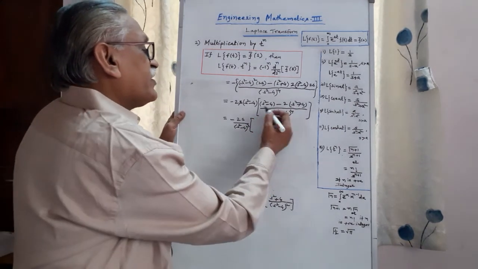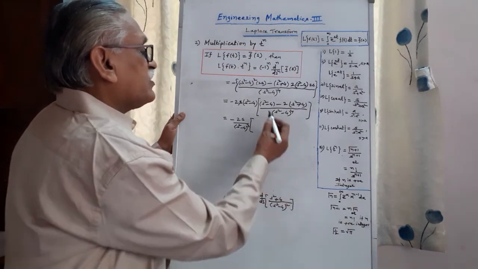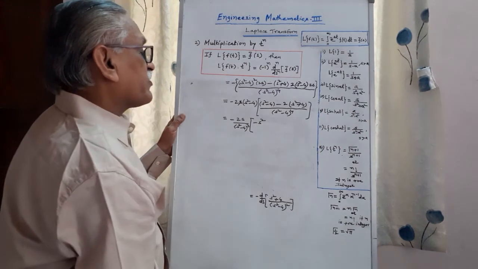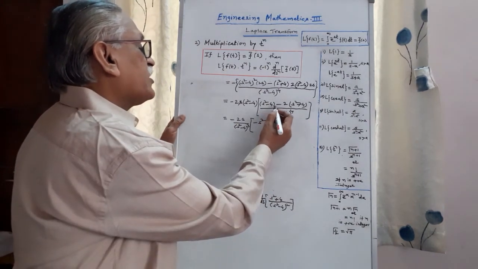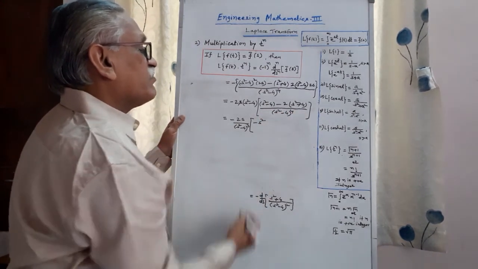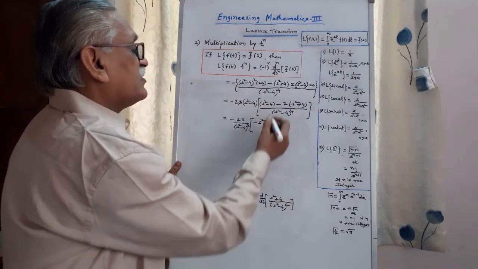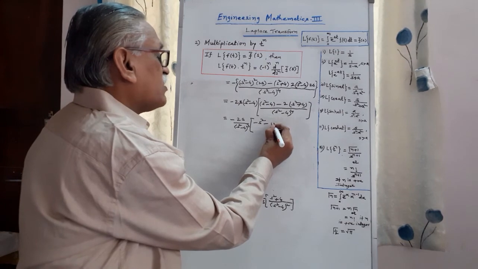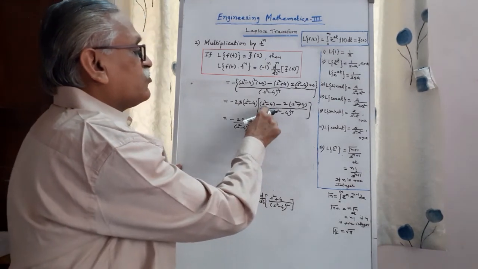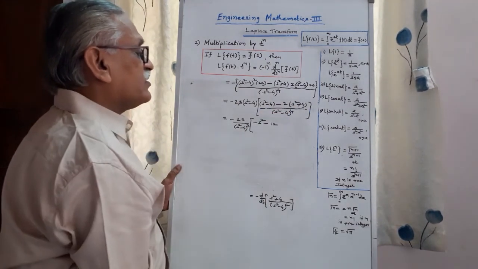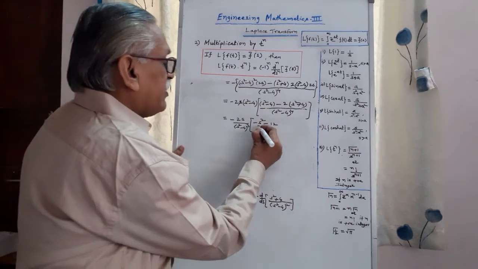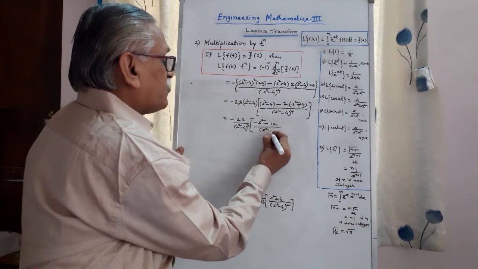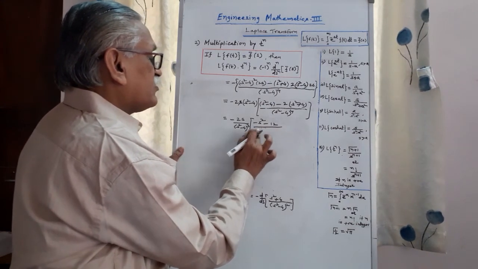Therefore, simplify this term from the numerator. s square minus 2s square, we get minus s square. Minus 4 minus 8, we get minus 12. Okay, I have written.